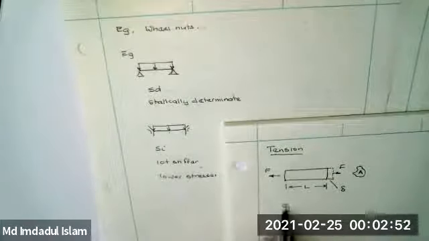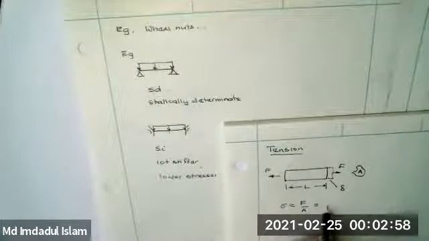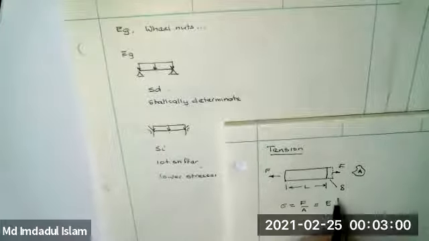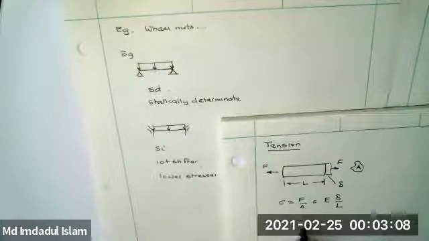Hooke's law gives you what the stress is. The stress is simply F upon A, and Hooke's law relates that to the strain. Okay. E times the strain is what's equal to the stress. And so you can solve this, and you get F equals EA over L times delta.